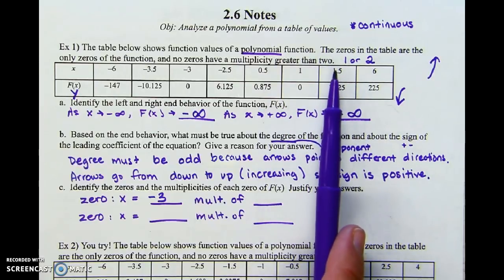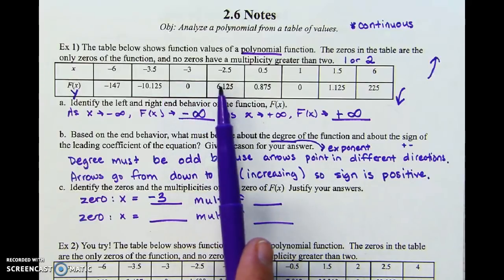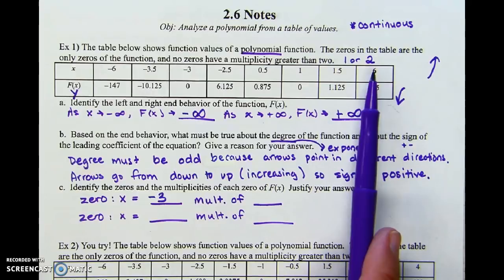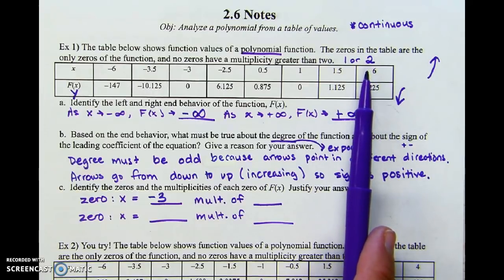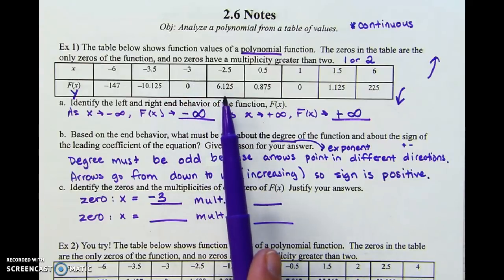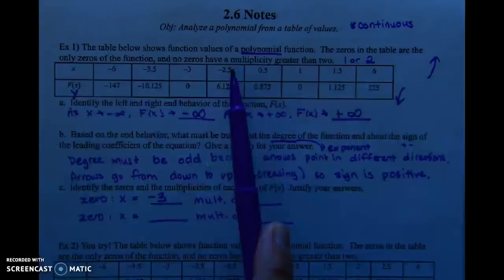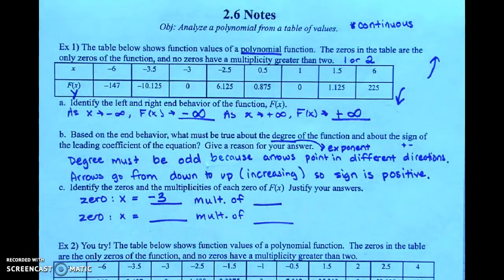So if it's a 1, then it's going to cross from the negatives to the positives or from the positives to the negatives. If it's a multiplicity of 2, it will bounce, which means it will be negative, hit the 0, stay negative, or positive, hit the 0, stay positive. So you tell me. Sorry, the lights are adjusting.